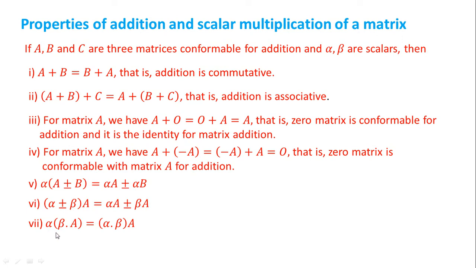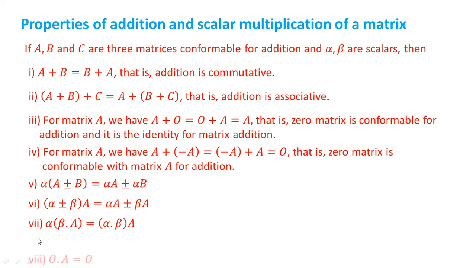Then now see, alpha into bracket beta into A. Beta is another scalar, multiplied by matrix A, and then multiplied by alpha. It is the same as first multiplying alpha into beta together and then multiplying with A. So again here LHS is the same as RHS.